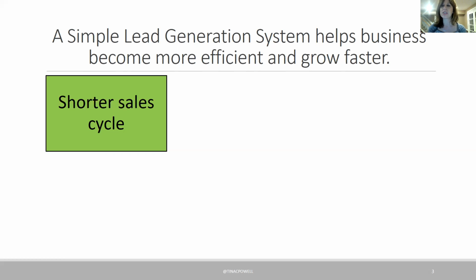And as we build around this funnel, your closing ratio is going to increase, so your efforts are going to be a lot more targeted and a lot more efficient, and that will cut down on the sales cycle. You could go from weeks to days or months to weeks.